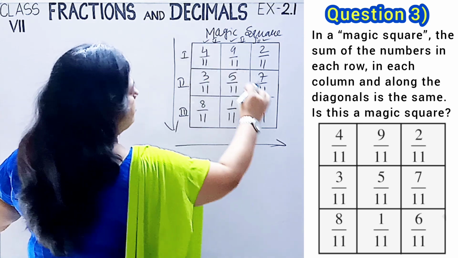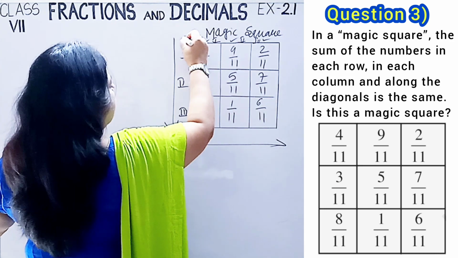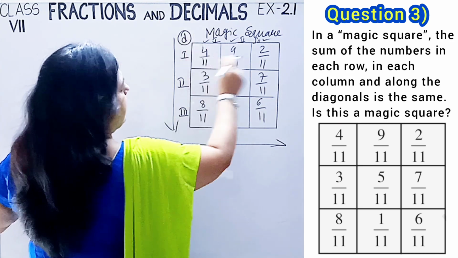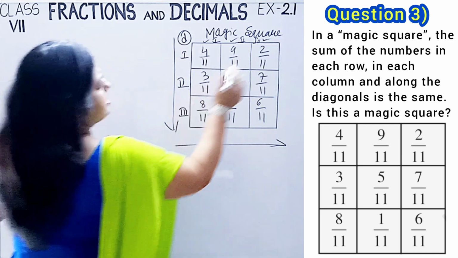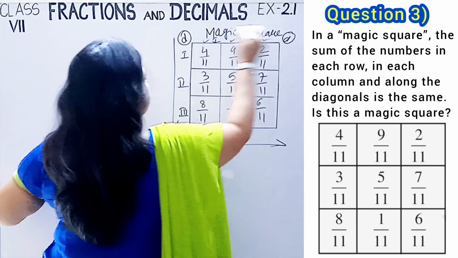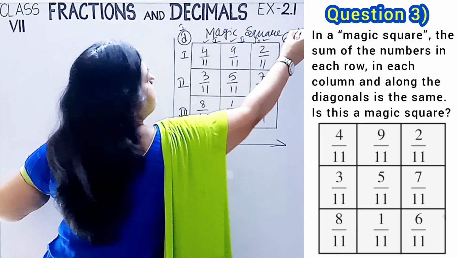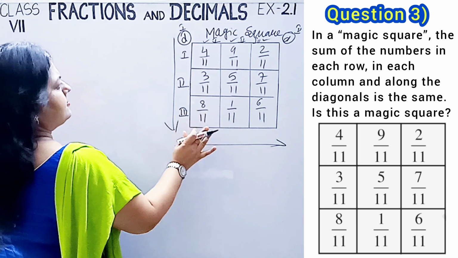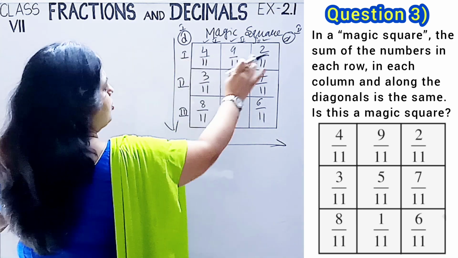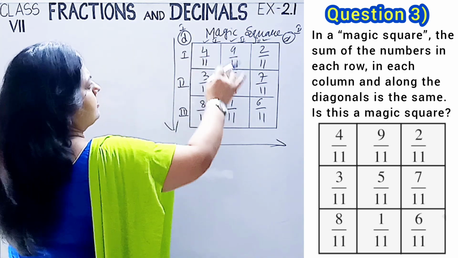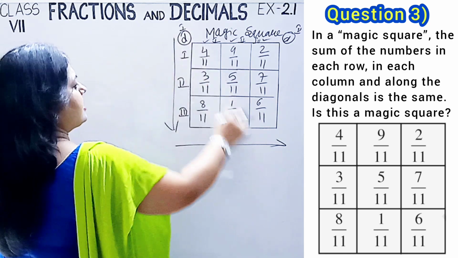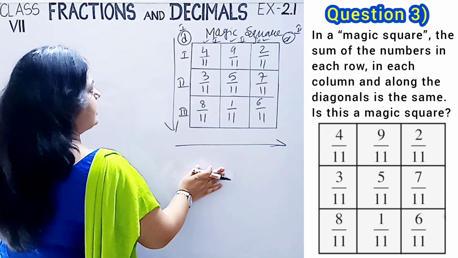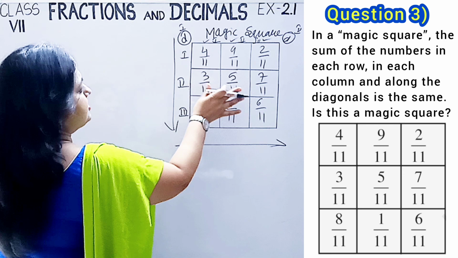From here to here, this is the first diagonal. And from here to here, this is the second diagonal. If the sum of each row, each column and each diagonal is equal, then yes, this is a magic square.